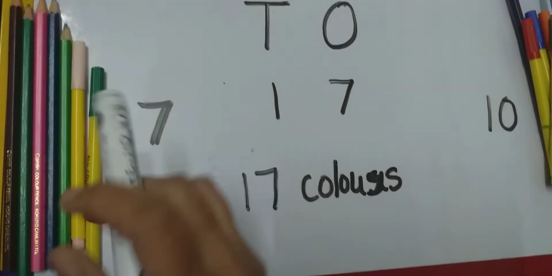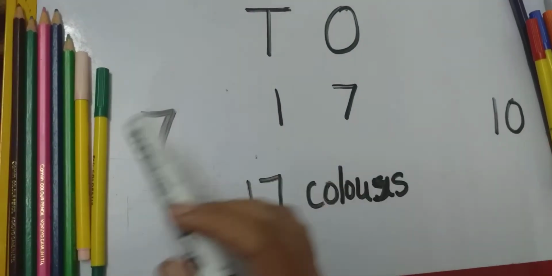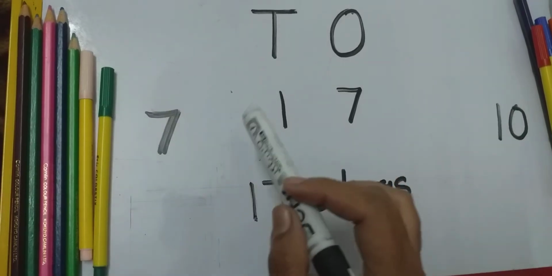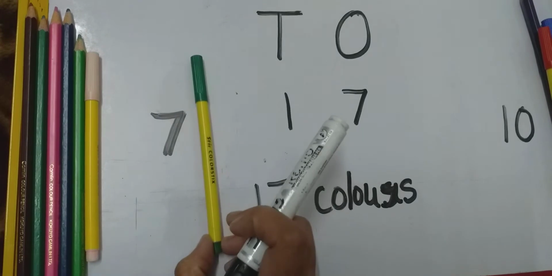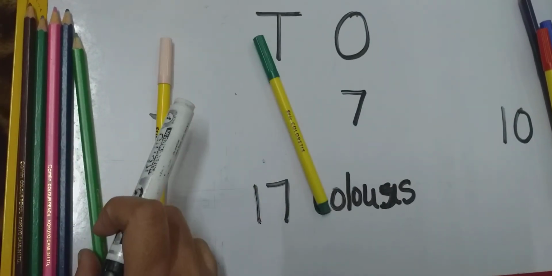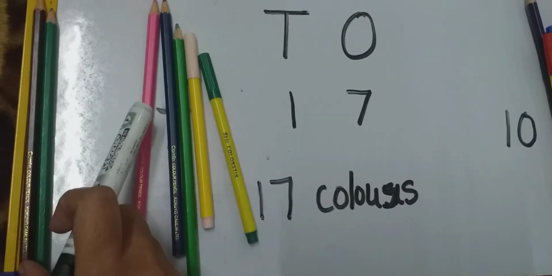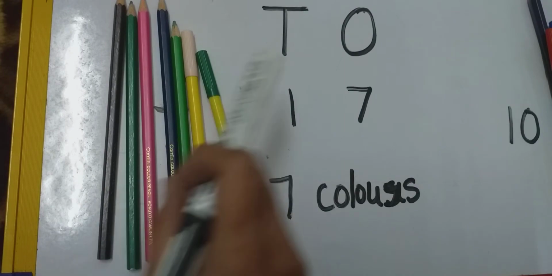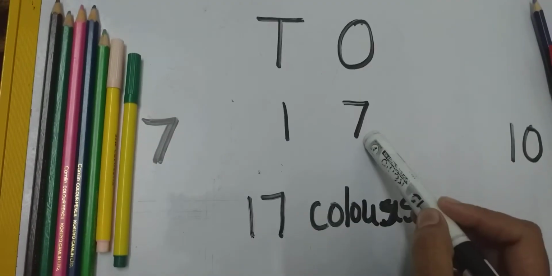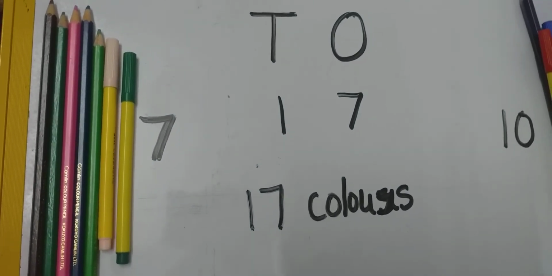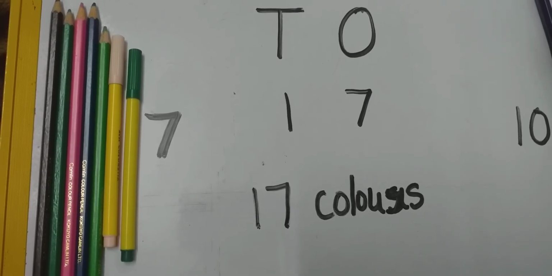So how many colors are there? 10 and 7 is 17. 10, 11, 12, 13, 14, 15, 16 and 17 colors. And here we write 17 colors. Okay, do you understand the concept?